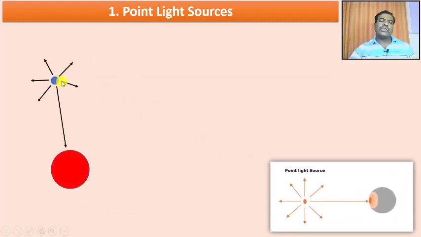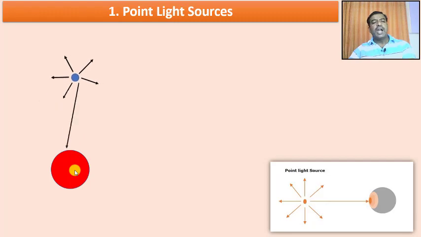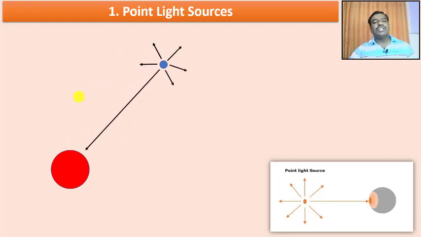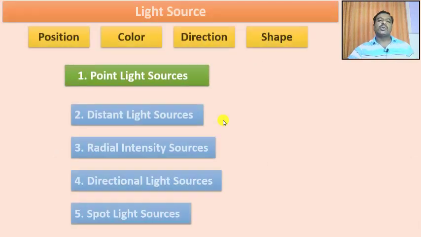I can position this wherever I want, and when I position it, the light rays chosen are those which are in straight view of the object. This is what the point light source is.